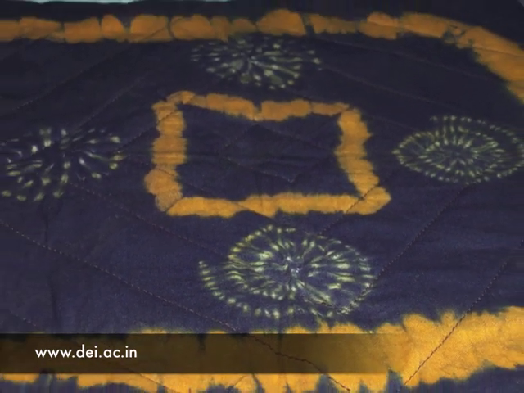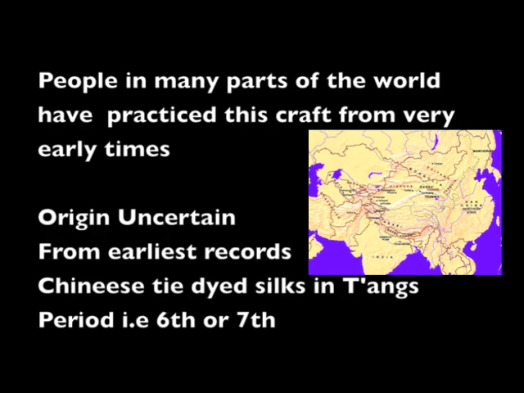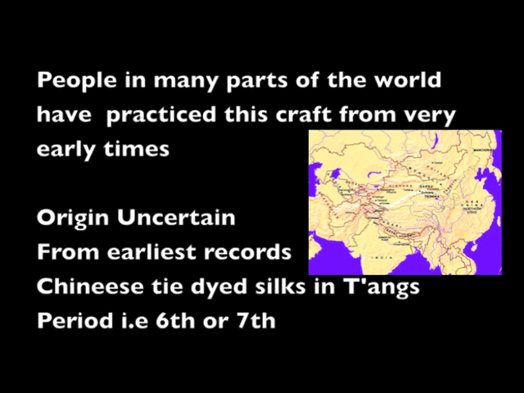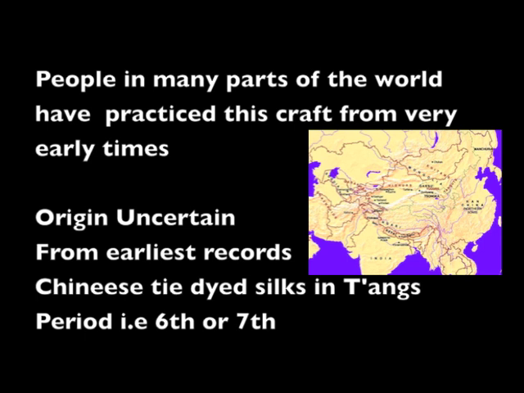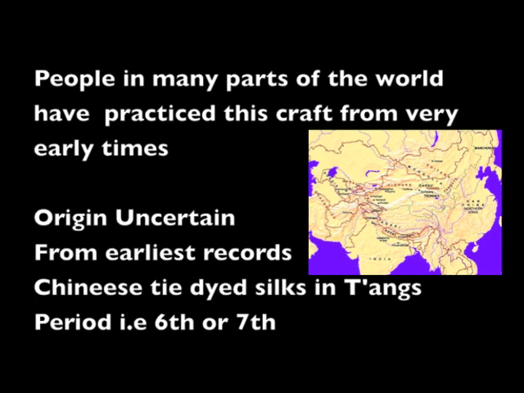People in many parts of the world have practiced this craft from very early times. It is uncertain when and where it originated, or whether resist dyeing was discovered accidentally in the first place.